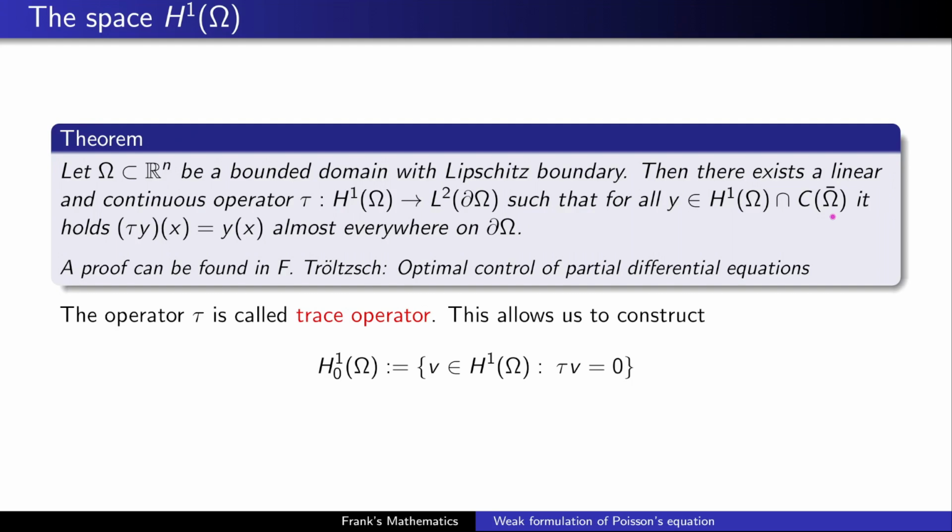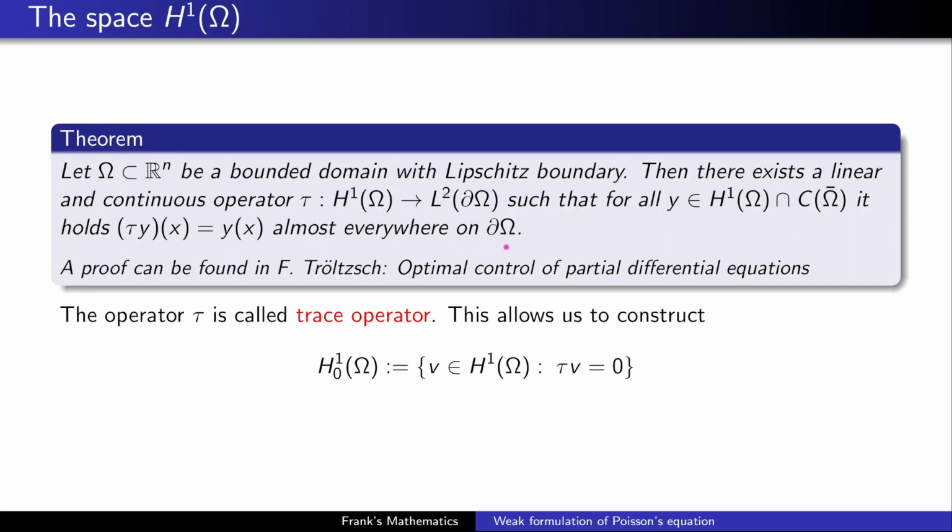then we know that the operator does basically nothing. It just maps the function to the value on the boundary itself. And this right-hand side is well defined, since we know that v is in C of bar omega. And it does this almost everywhere on the boundary.